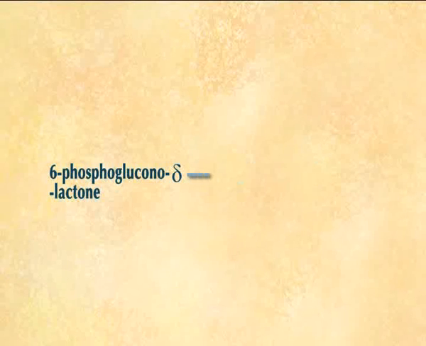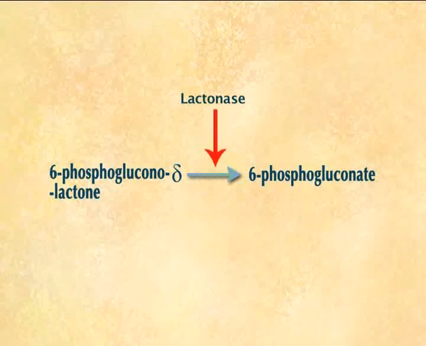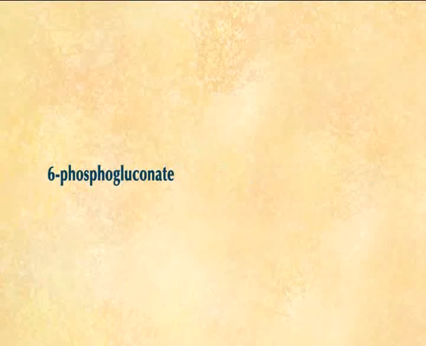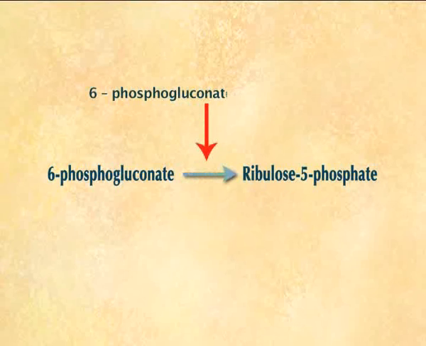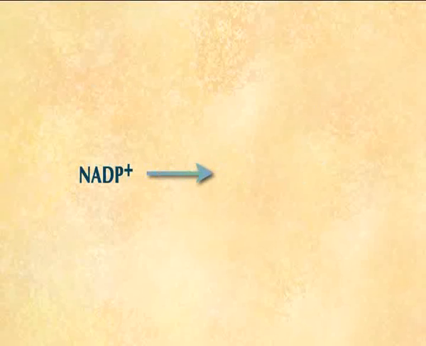Next, 6-phosphoglucono-delta-lactone gets converted to 6-phosphogluconate. The enzyme involved in this reaction is lactonase. 6-phosphogluconate now gets converted to ribulose 5-phosphate. The enzyme involved in this reaction is 6-phosphogluconate dehydrogenase. Again NADP gets converted to NADPH.